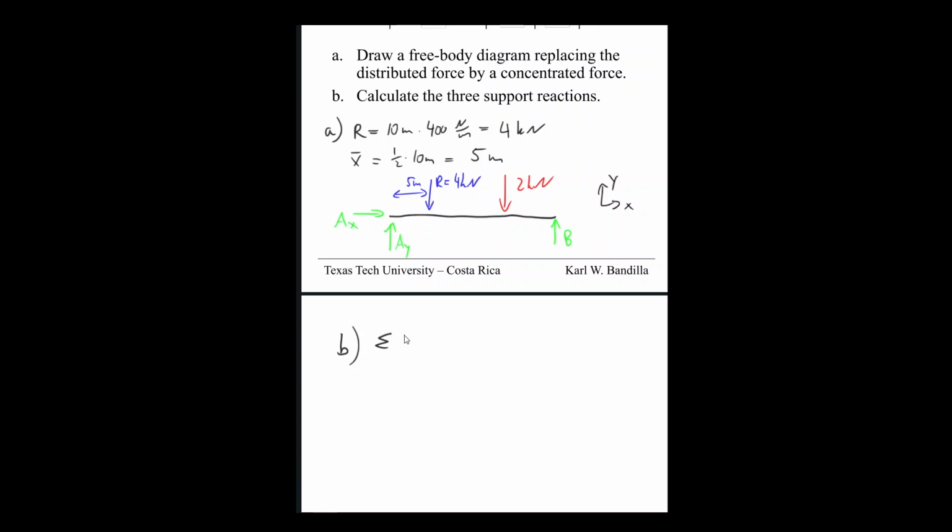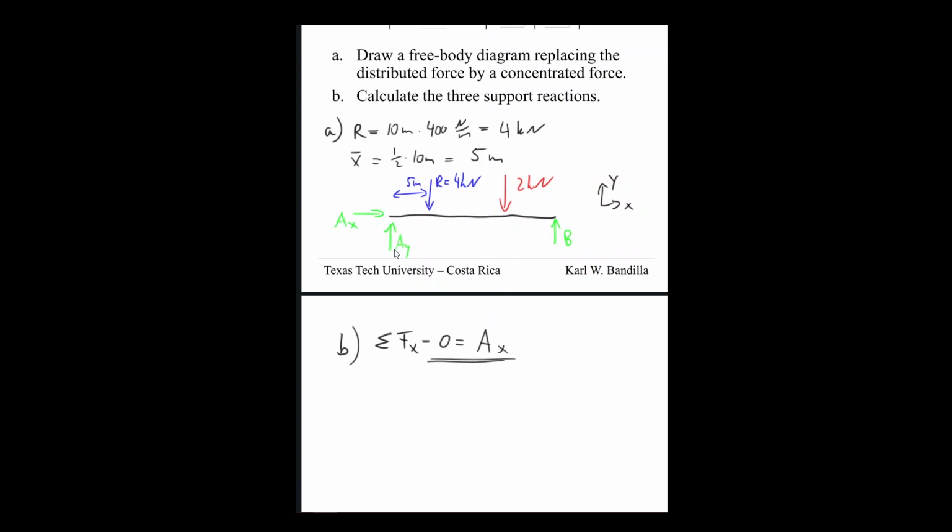So we can say the sum of forces in the X direction is equal to 0. And that is equal to, well, we have AX. It's going in the positive X direction, so positive. So we know that AX is equal to 0. Makes sense, there's no load going in the X direction.